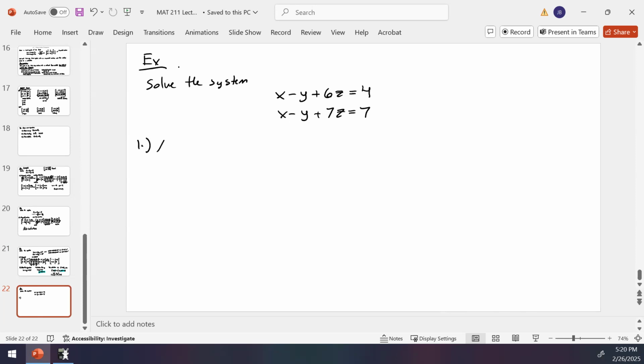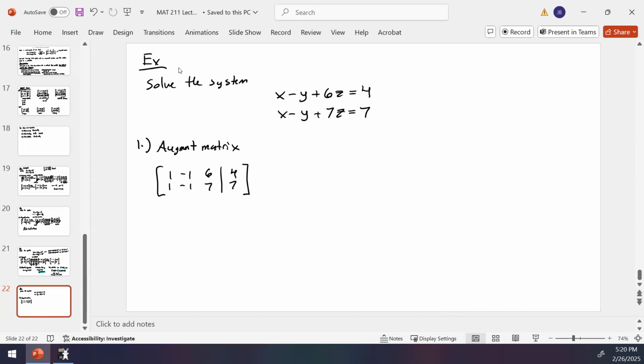So step 1, let's augment. So 1, 1, -1, -1, 6 and 7, and then 4 and 7. Okay, now this is very important. This is a good example to illustrate this.